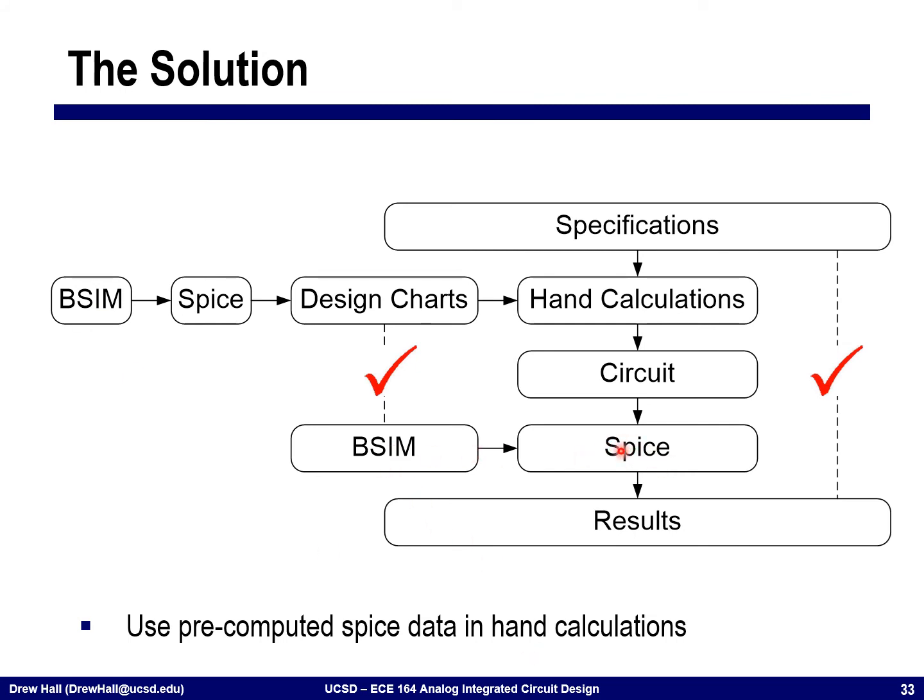So we no longer have a disconnect between our model and the model that the simulator is using, which means that our specifications and our results are also going to match much better.